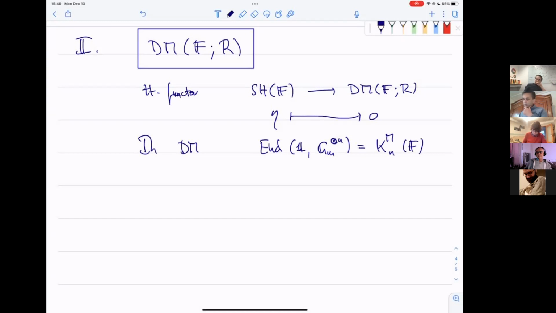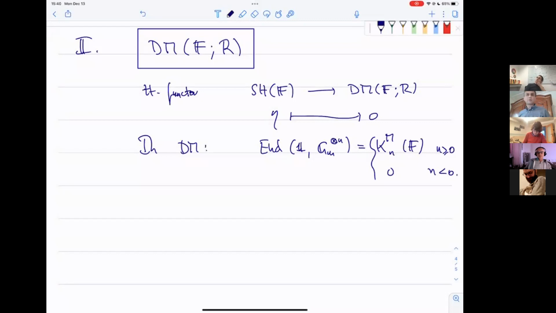So that's for n non-negative and 0 for n negative. So it's actually just exactly modding out by eta. The relationship between the Milnor-Witt K-theory and the Milnor K-theory is exactly modding out by eta. So on the endomorphism ring, it looks like it's exactly modding out by eta.